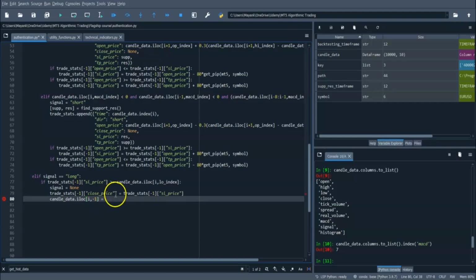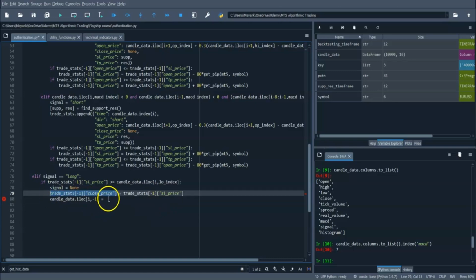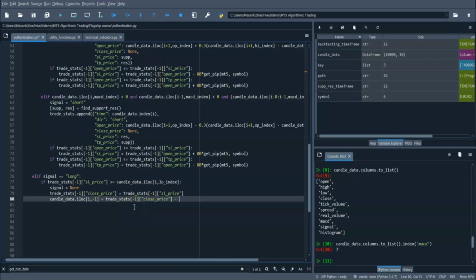Now what would be the return in this case? So think about it. For this particular candle, the closing price was the stop loss price and the opening price was the opening price of the candle. So let us use the close price, which is the same as the stop loss price, minus the open price of this particular candle. So candle data open index, alright?